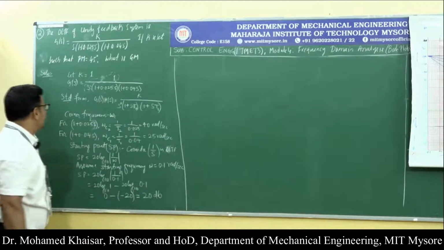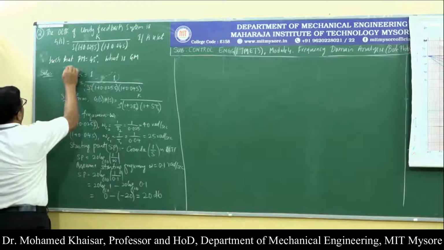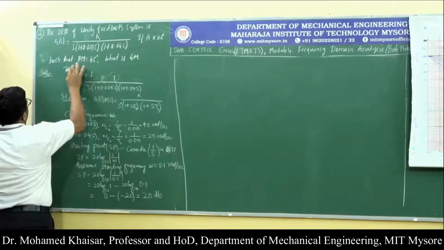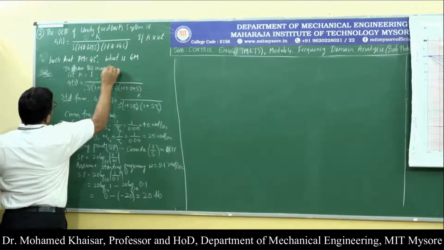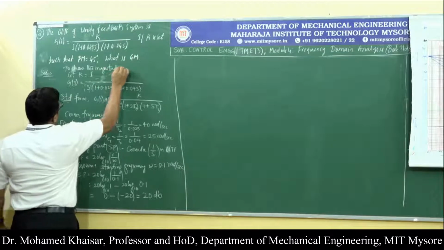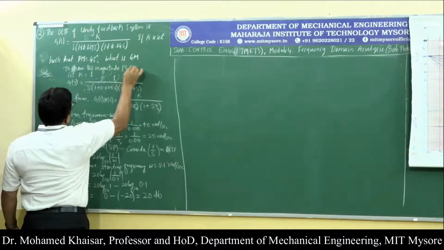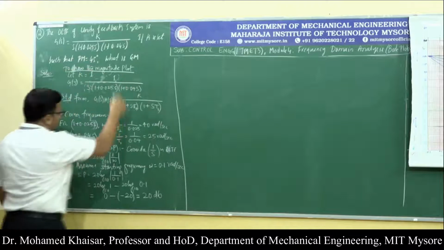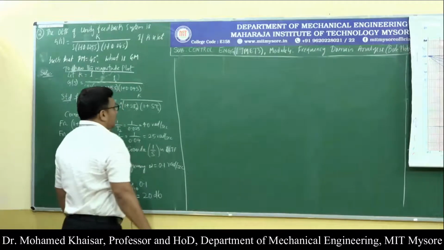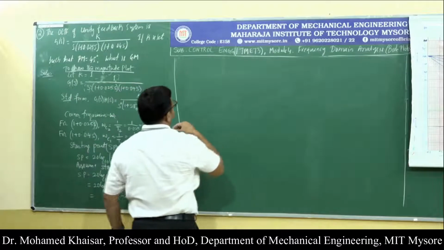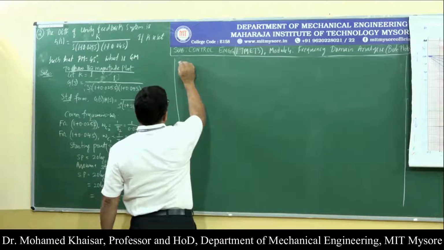Once we have found this, all this analytics is for drawing the magnitude plot. Now what we need to do is write the table.